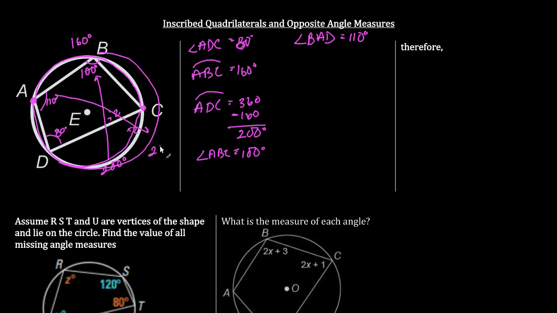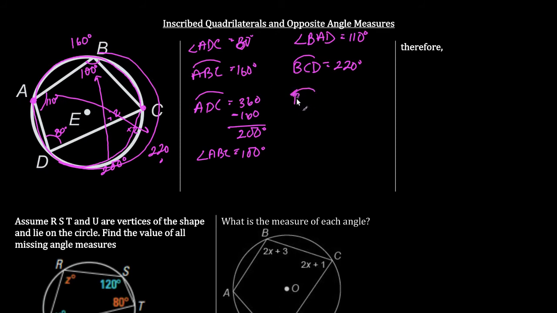So that has to be 220 degrees because 110 times 2 is 220 degrees. So arc BCD is 220 degrees.